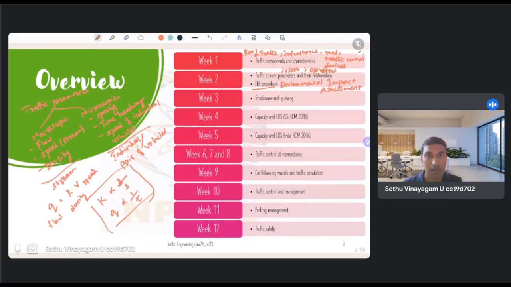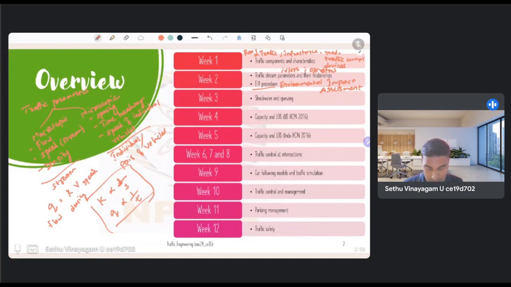So there is a need to take care of environmental health when we are working with transport projects. The EIA procedure helps us to assess how much of an impact a given road project or a road system has on the surrounding environment. So we were looking at that in week two.